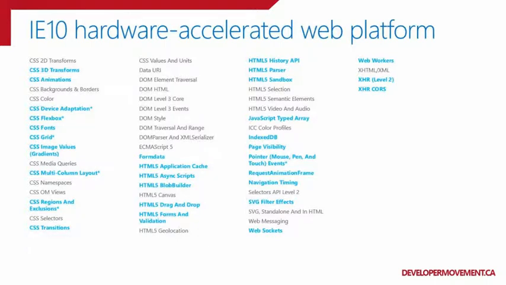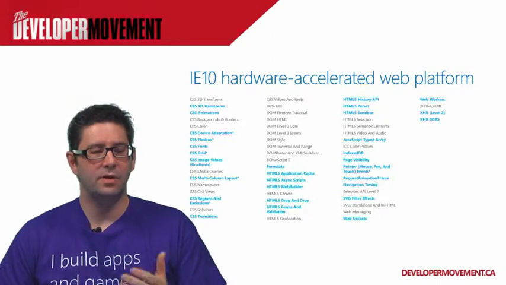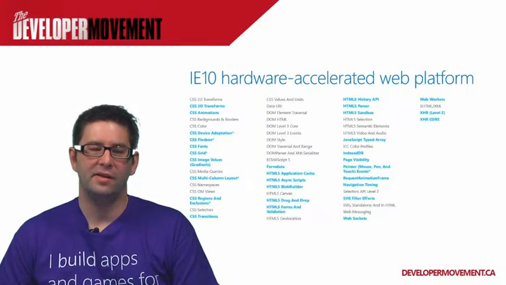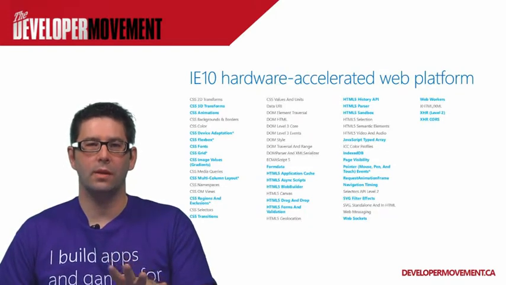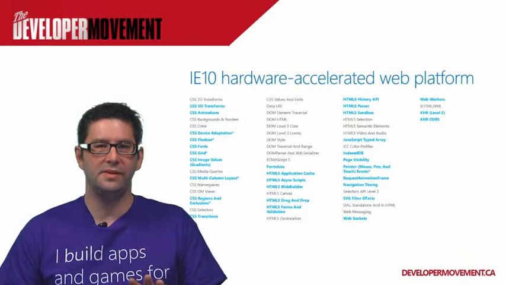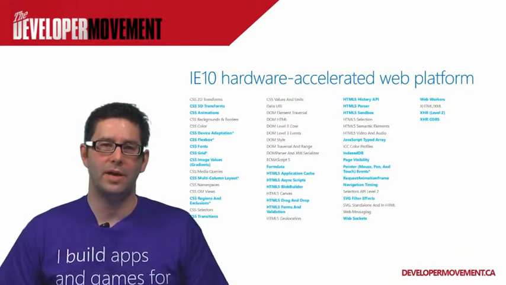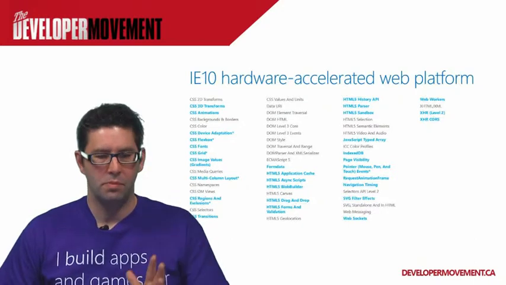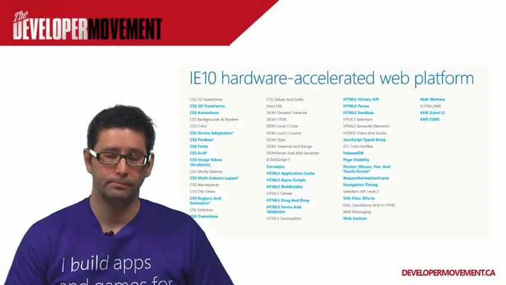We've upgraded it for IE10. There's all sorts of CSS components that we'll talk about in a bit that are supported within IE10. These are all things that are making your life a lot easier if you're a web developer or a mobile developer that wants to use the web browser on Windows Phone as a way to drive your application experiences. So, as I said, not going to get into this. This is just showing some of the things that we do support.